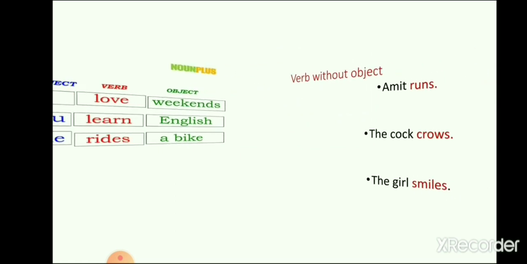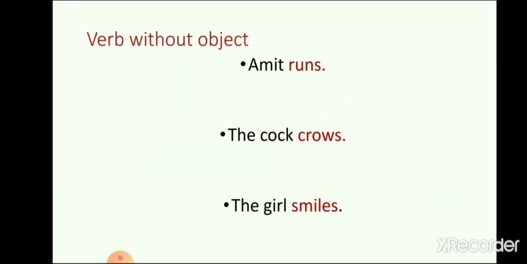Now, verb without an object. The sentence can also have the verb alone, without an object. For example, Amit runs. Here, without any object, with only the subject and the verb, we have a complete meaning of the sentence: Amit is running. Next, the cock crows.